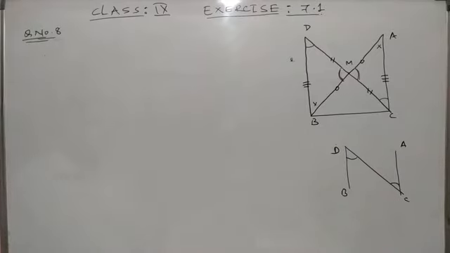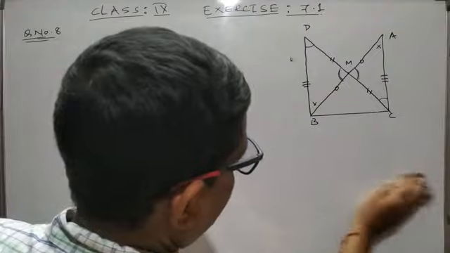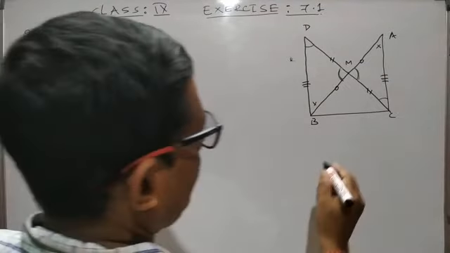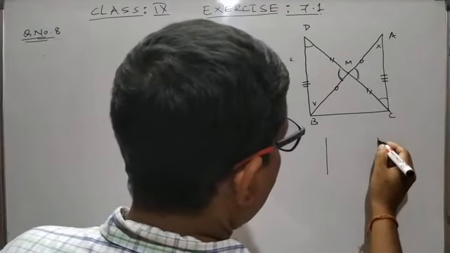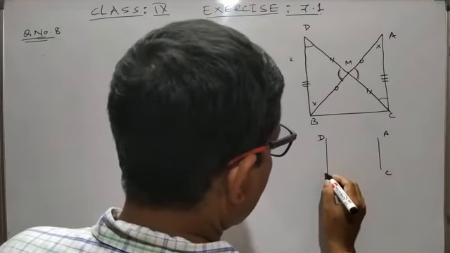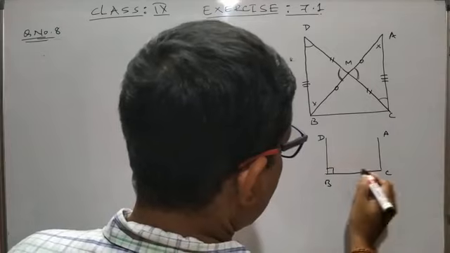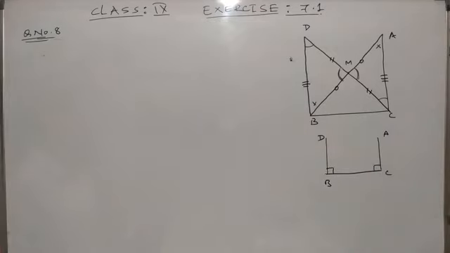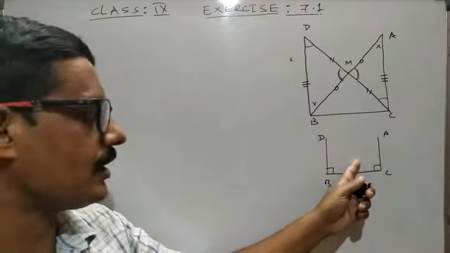So this angle plus this angle equal to 180 degrees because these are co-interior angles.